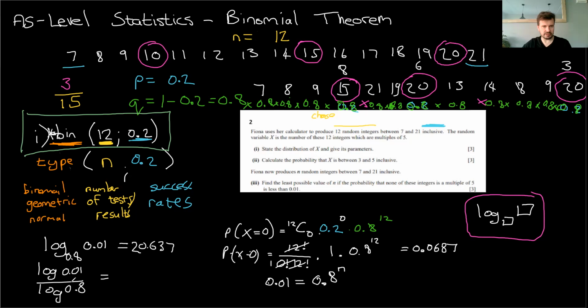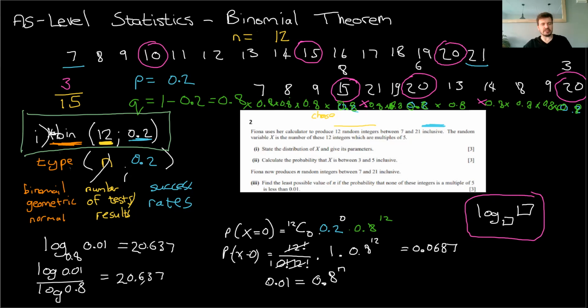20.637. If you don't have a nice calculator that has this button in pink, you can just use log 0.01 over log 0.8. You get 20.637. Now you can't choose 20.637 times. If you round down to 20, that would be a probability of greater than 0.01, so we need to round up.